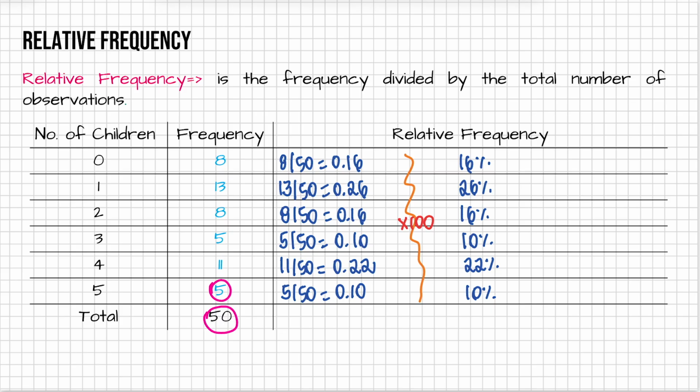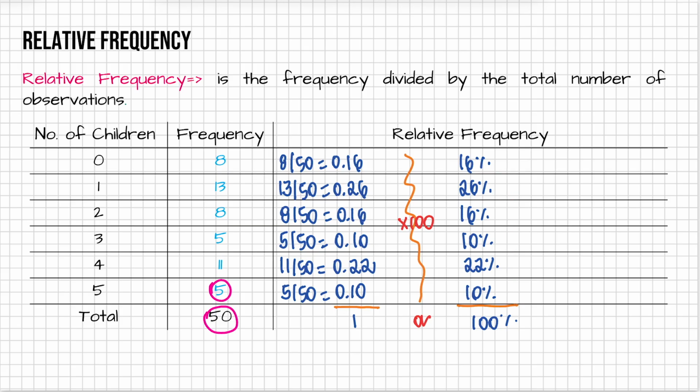So, relative frequency works either way, as a proportion, where you just divide frequency by total observations, or as a percentage, where you do that same division and then multiply by 100. And here's a handy way to check your work. Add up all your proportions, and they should equal 1. Or if you're working in percentages, they should add up to 100%.